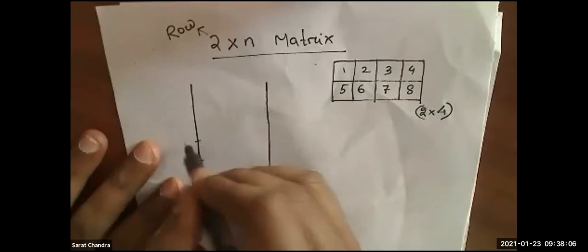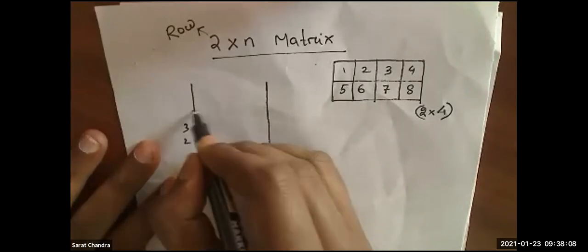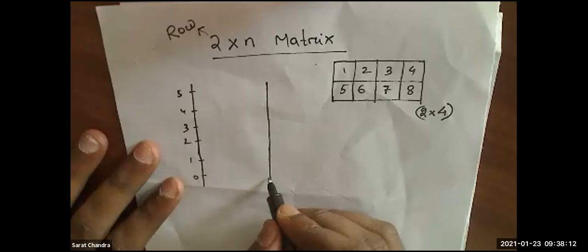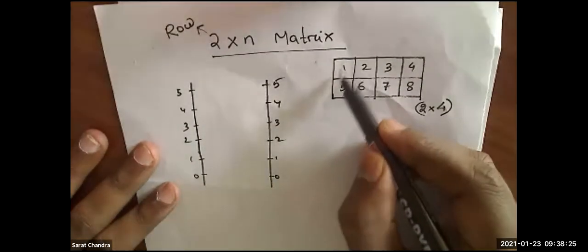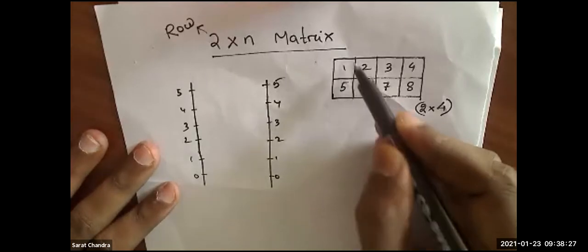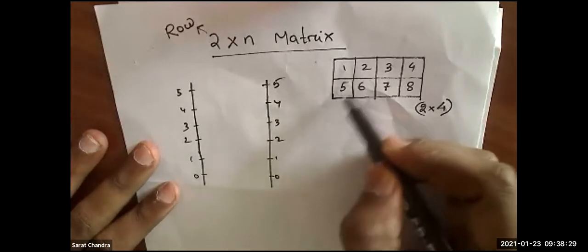Suppose this is 0, here it is 1, 2, 3, 4, 5, like that you number it on both sides, 0, 1, 2, 3, 4, 5. After that, we have to allocate these points on the graph.